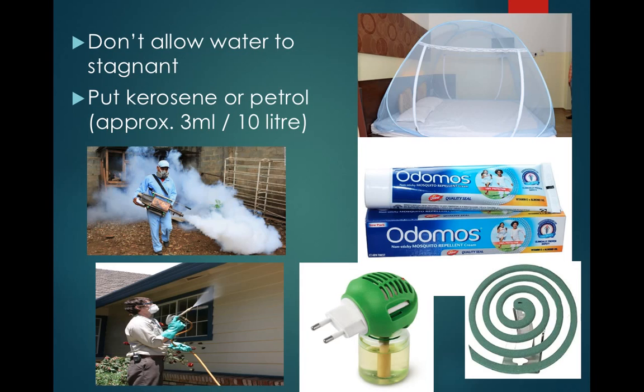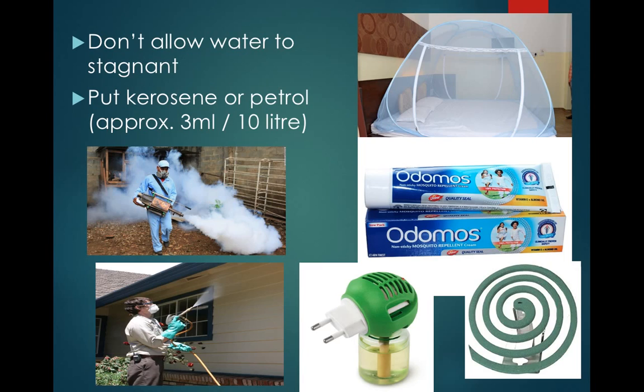As we have seen, there could be various areas or sites where water becomes stagnant, which helps the mosquito to breed. So we must not allow water to stagnate. And even if some stagnant water is there which we cannot remove, it is advisable to put some kerosene or petrol, which makes an upper layer on the water surface, and the dengue mosquito will not be able to survive that.